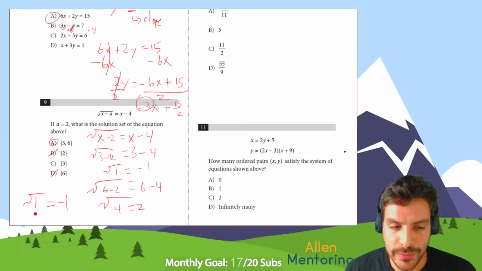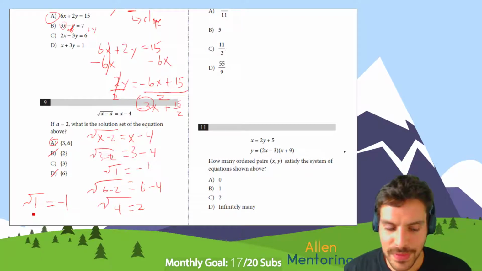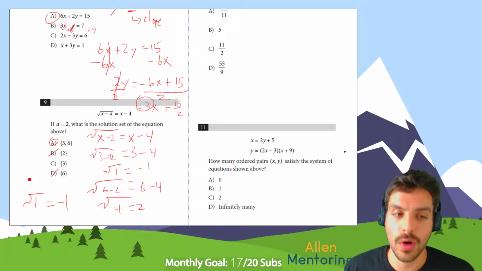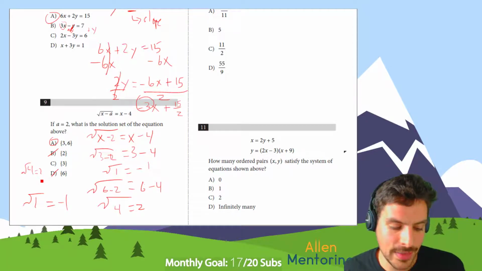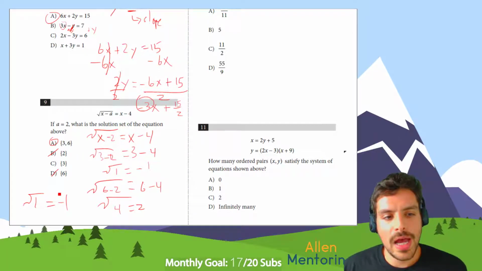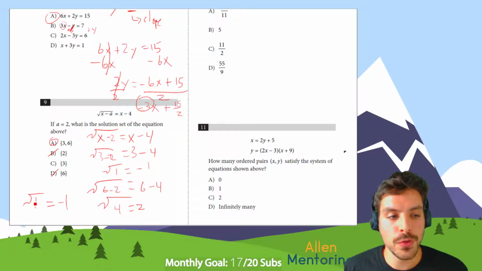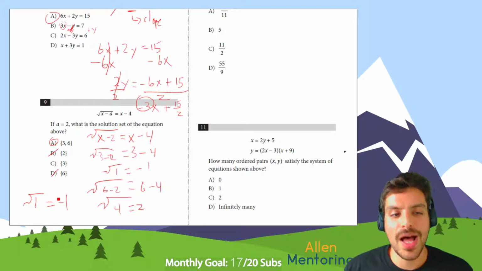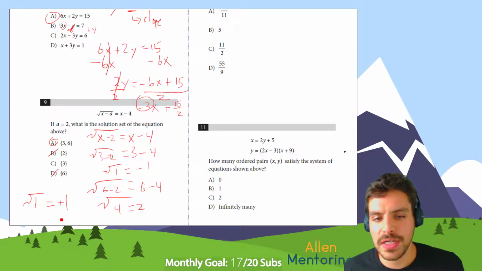Because a square root has both a positive and negative solution. So the square root of 4 is equal to 2 and -2 in theory. However, the normal convention is that if you write a number under the square root symbol, you're implying that the solution is only positive. It's a weird convention. I've seen it before.